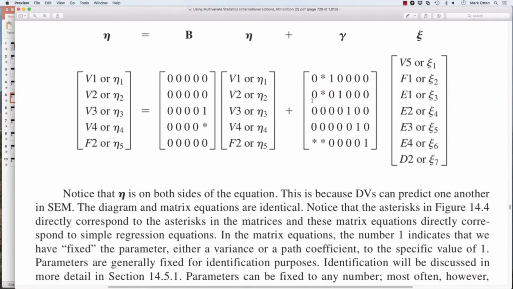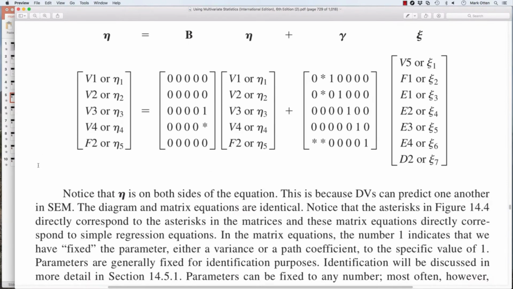So let's go through. Everything else is 0 in that first row, which means that V1 is unrelated to E2, E3, E4, and D2. Okay, so the second row, it's the V2 row, and V2 is unrelated to V5. Then the star here is F1, corresponding to F1. That's the F1 column.